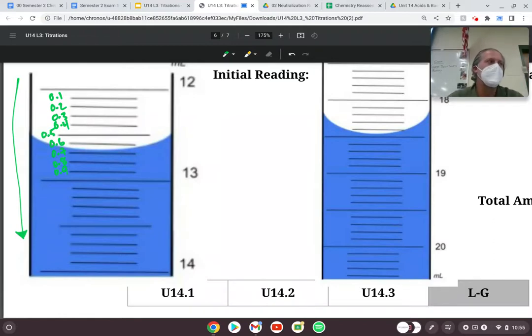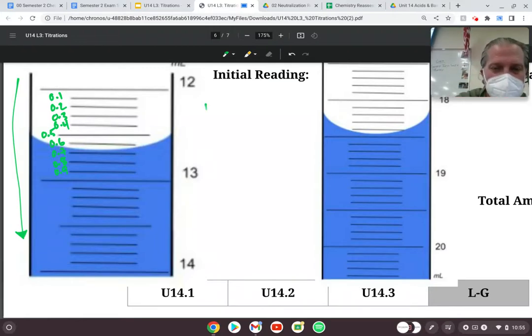Okay. And when we're reading this burette, the thing that beginning chemistry students sometimes struggle with is they want to say it's 13.4 something or maybe 13.3 something. In this case, because we're reading from the top down, we are going to say that it's more than 12 but less than 13.